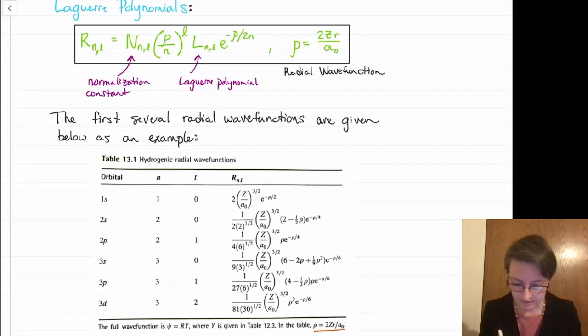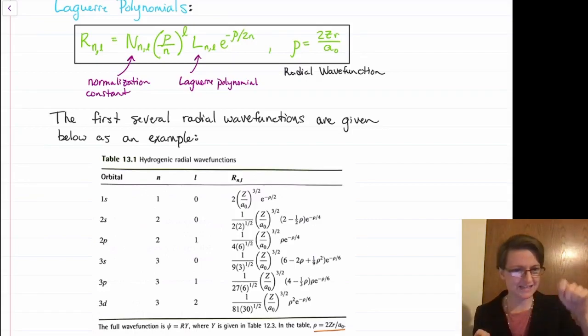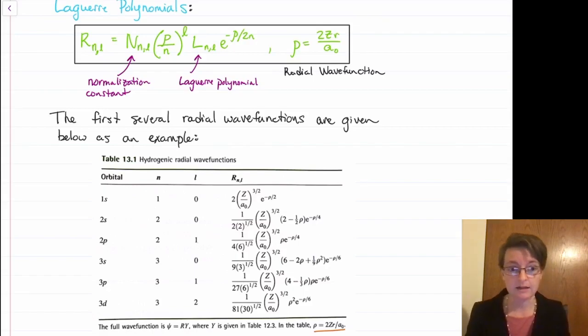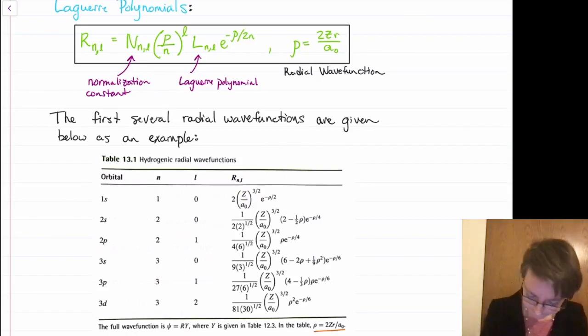Then there's this Laguerre polynomial, which kind of links together what the behavior of the radial wave function should look like close to the nucleus versus far away from the nucleus. And then we have a decaying exponential term, which is going to govern the behavior of the function in the limit where it is at bigger values of r.